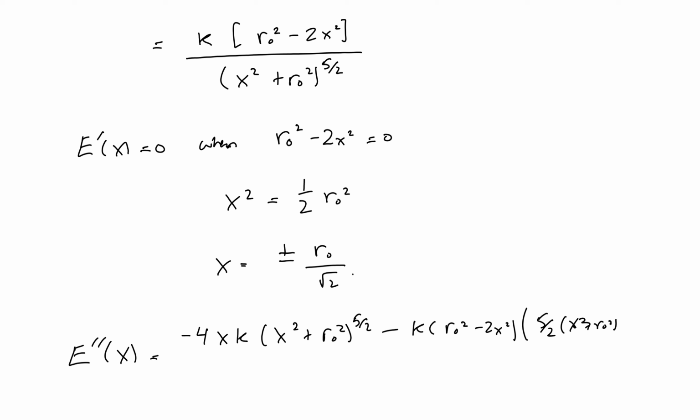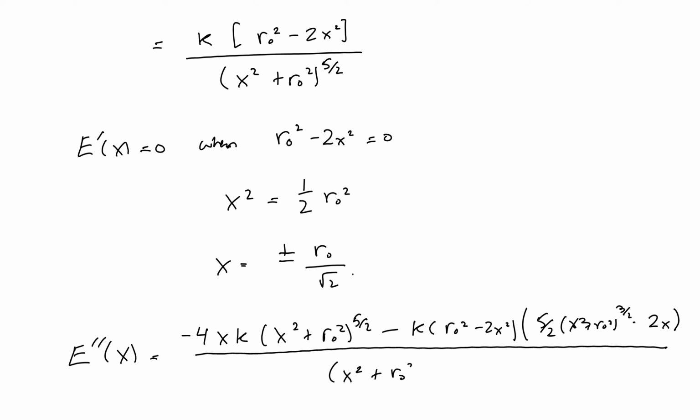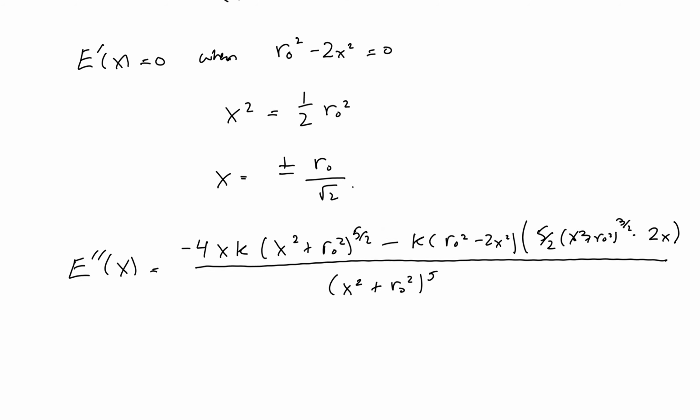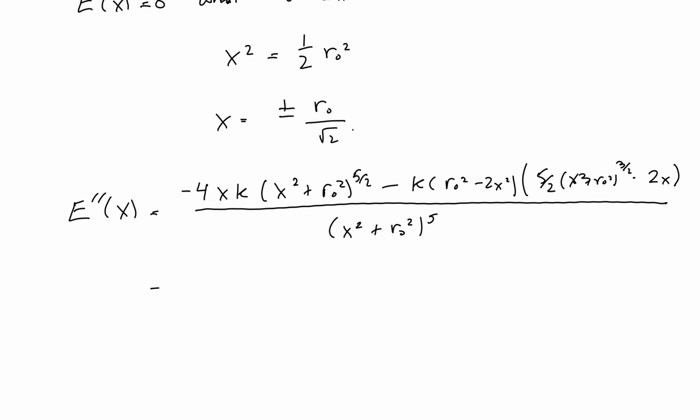And so take a 1 away from this, and I'm going to have 3/2, and I'm going to have a minus 2x, all over the bottom squared. So it's just going to be (x squared plus r0 squared) to the 5th. And if we simplify this a bit, this gives me k (x squared plus r0 squared).